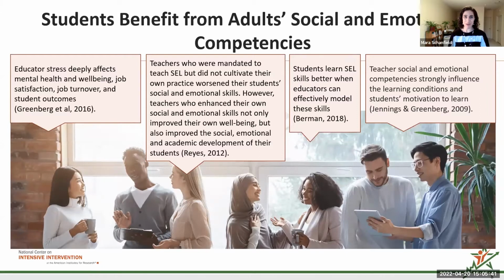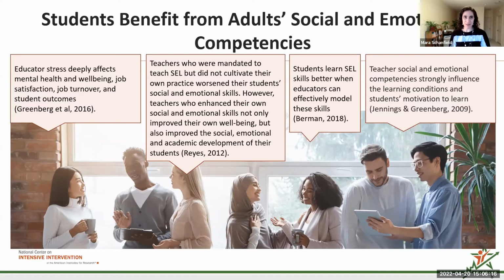Adults modeling social emotional competencies is a key piece of effective instruction and intervention. Student motivation, as well as the conditions for learning, are strongly influenced by adult social and emotional competencies. As you well know, an optimal classroom climate is characterized by low levels of conflict, smooth transitions, appropriate expressions of emotion, respectful communication, opportunities for problem solving, focus, support, and responsiveness to individual students' differences and needs.